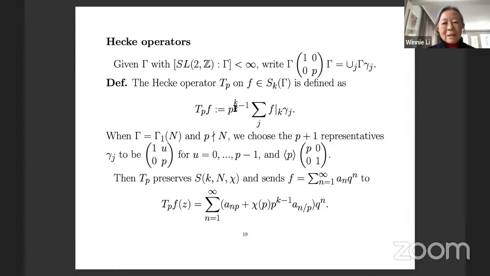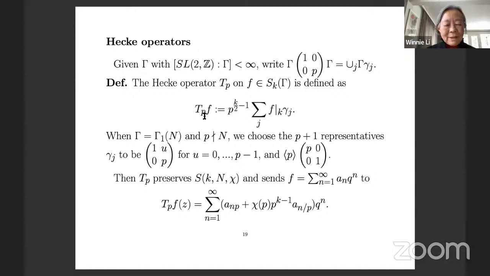Okay. So if the group is gamma 1 of n, then if p is coprime to n, one knows that there are p plus 1 gamma cosets, and usually one chooses representatives to be 1 u 0 p, where u is integers modulo p, and another one is diamond p times p 0 0 1.